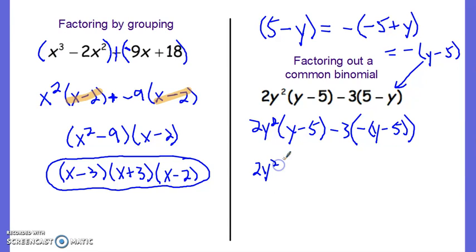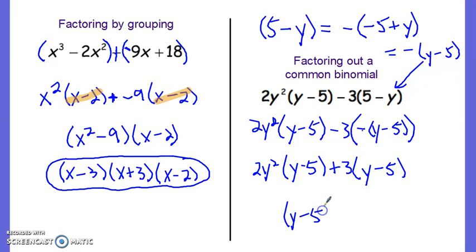You really have 2y squared times y minus 5 plus, right, negative 3 times negative 1 here, 3. But now the beauty is we have that common binomial. We've got y minus 5 in both parts, separated by that addition sign, and you've got 2y squared plus 3 left over. I hope that helps.